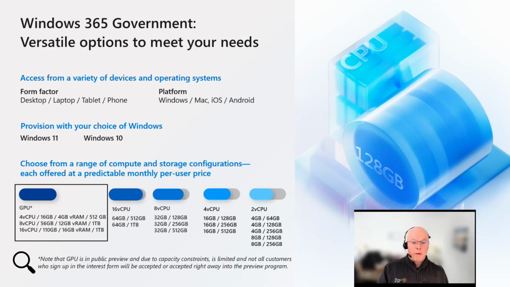That's this one right here, right? But then we've also got larger ones out there. We've got 4 virtual CPUs with different memory and hard drive configurations, 8 virtual CPUs, 16 virtual CPUs. And now in public preview in the GCC, we have GPU enabled systems.